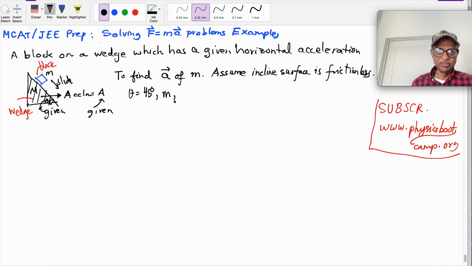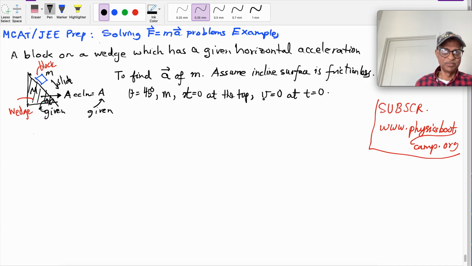The block is at the top at t equals 0, and v equals 0 at t equals 0 for the block. So it was at rest and then suddenly accelerated.